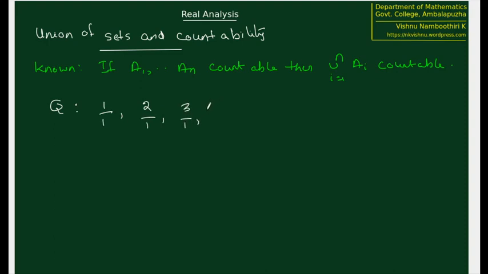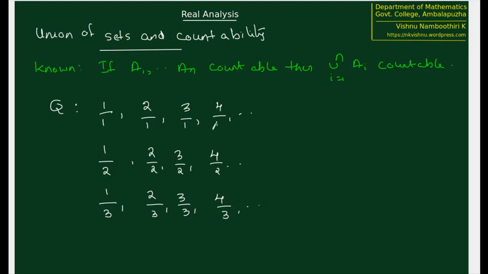That means all rationals with 1 in the denominator, 4 by 1, etc. Now, we are going to write all rationals with 2 in the denominator in the following way: 1 by 2, 2 by 2, 3 by 2, 4 by 2, etc. Now after that again 3 in the denominator, 1 by 3, 2 by 3, 3 by 3, 4 by 3, etc. So this set, suppose that we call as A1, this set we call as A2, this set we call as A3.